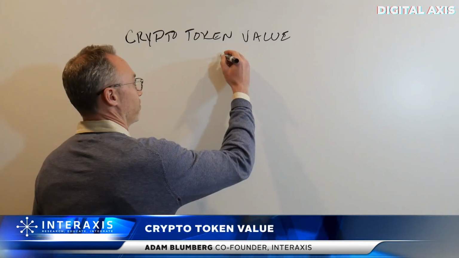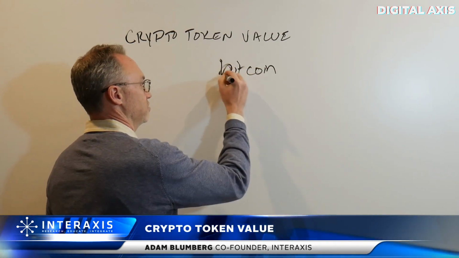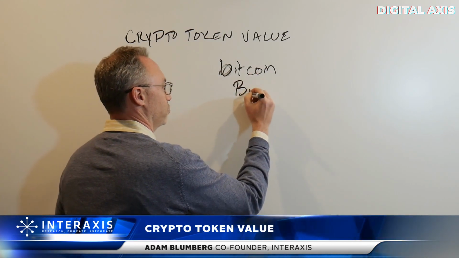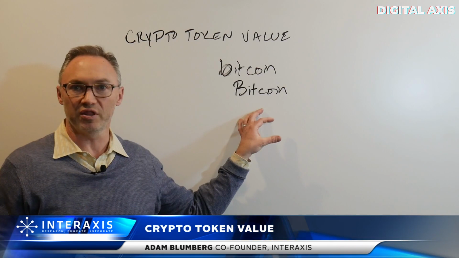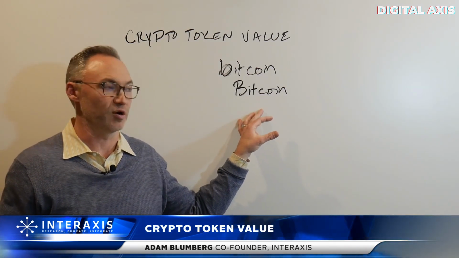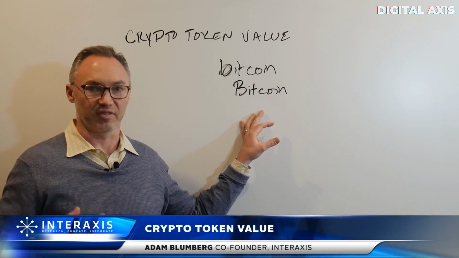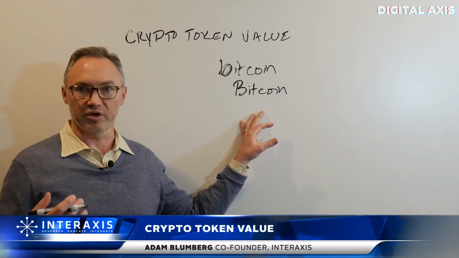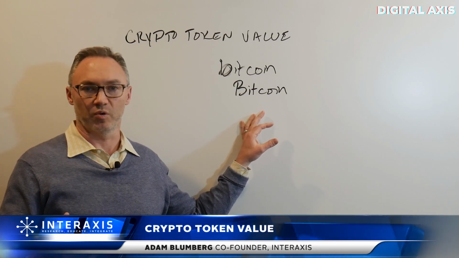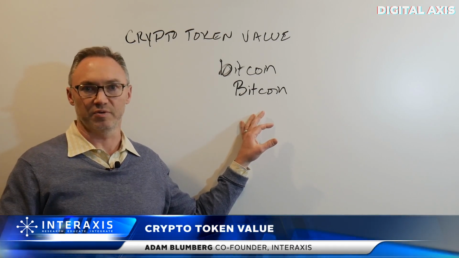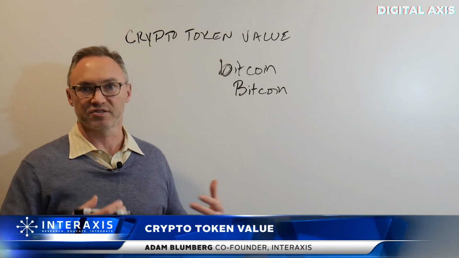So if we're looking at the case of Bitcoin, and remember, little b bitcoin is the cryptocurrency for the Bitcoin network. In this case, we're looking at different factors, like, do we think more people will start using the Bitcoin network? What do we think they'll be using it for? If we go to an investment thesis, like, I think more people will be using Bitcoin in the future because they'll want to transact anywhere in the world, because they don't want the government telling them what to do with their money, because Bitcoin is highly decentralized, all of these things, there's wars going on, there's banks collapsing, all of this.